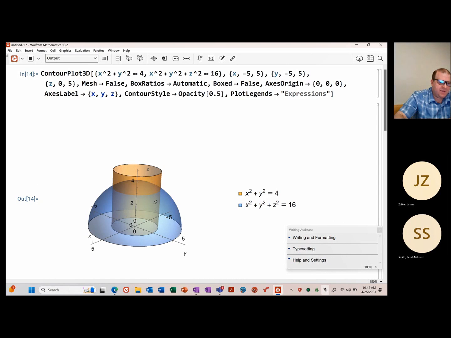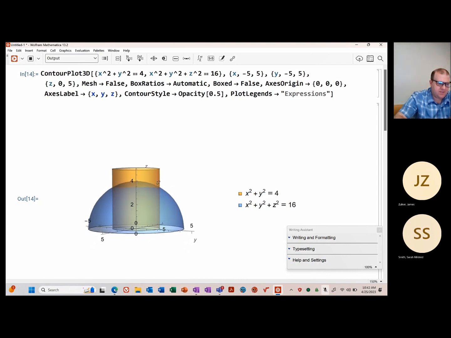Well, wouldn't it be the polar cap? The surface of that polar cap? So that's our surface.